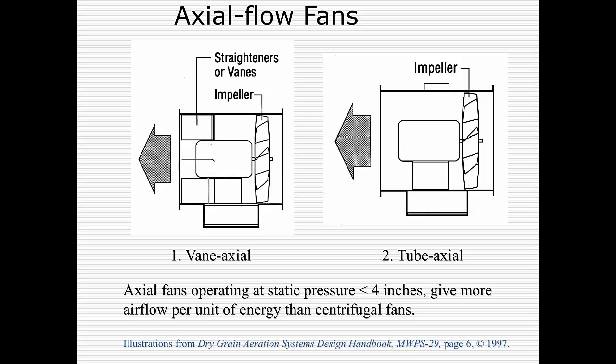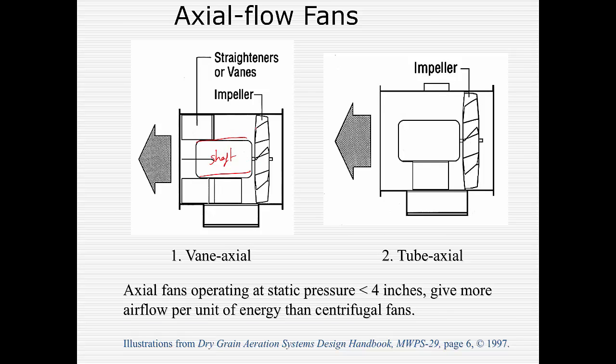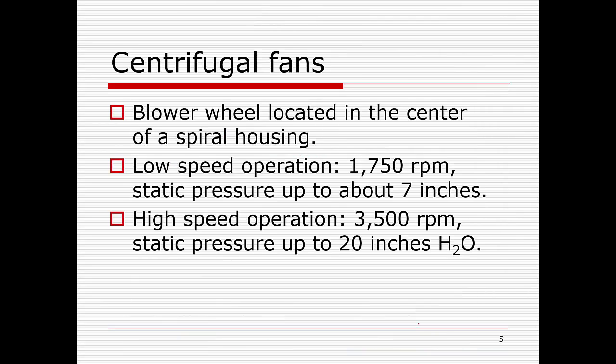Basically you have a motor shaft, and here is your fan that is rotating. The flow is parallel to the axis of the shaft, therefore it is an axial fan. Sometimes you put it in a vane or tube axial housing to increase the pressure.